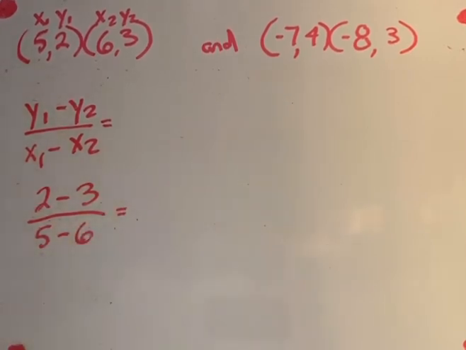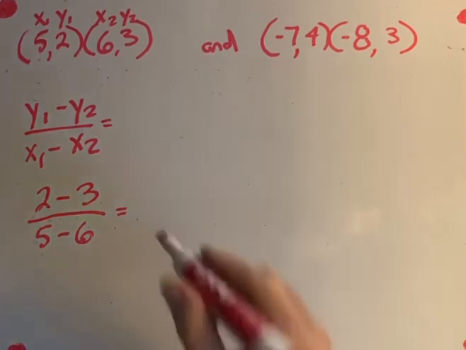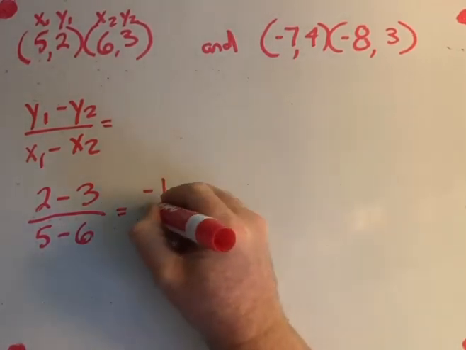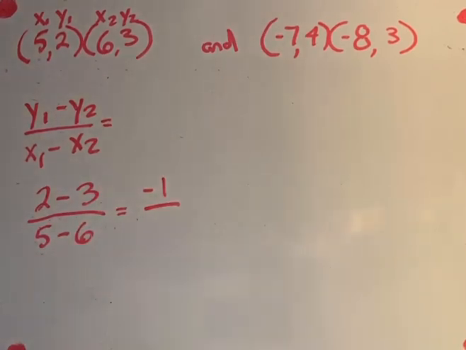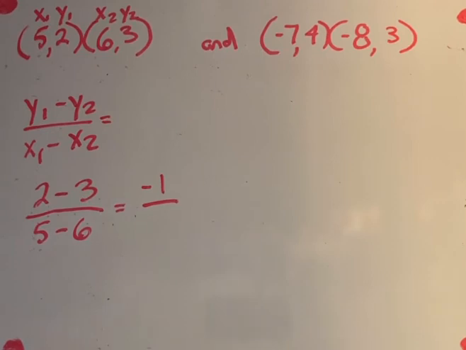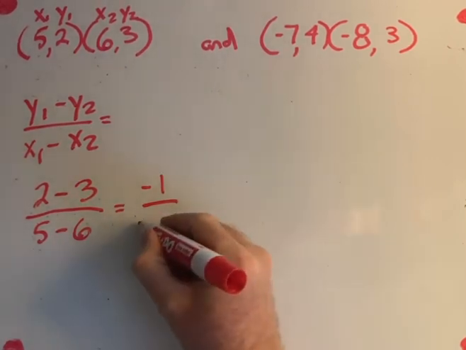I did that just to make a little more space. So I have 2 minus 3, which is negative 1, over 5 minus 6, which is negative 1.